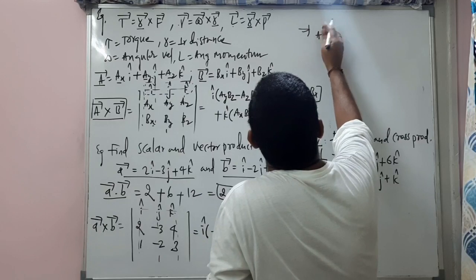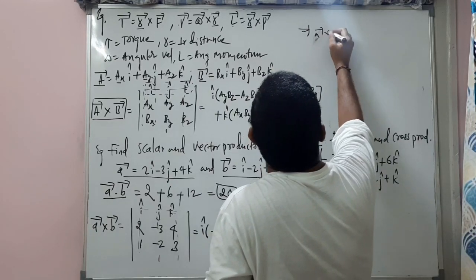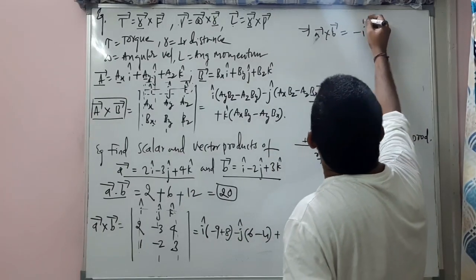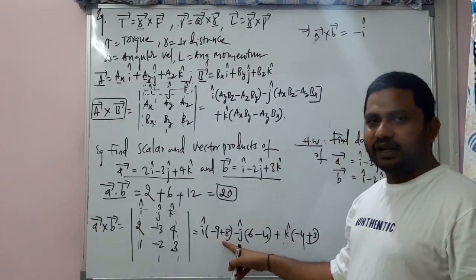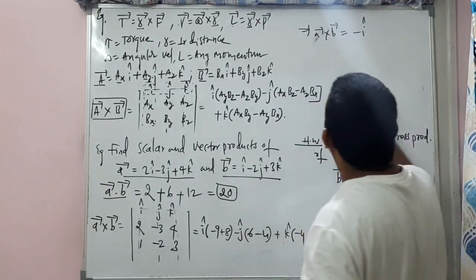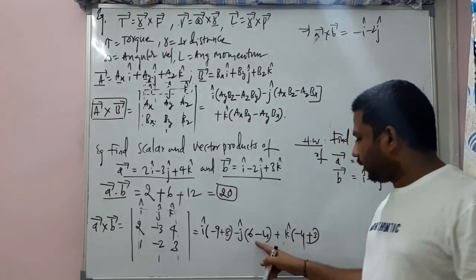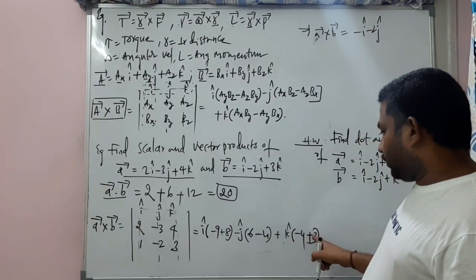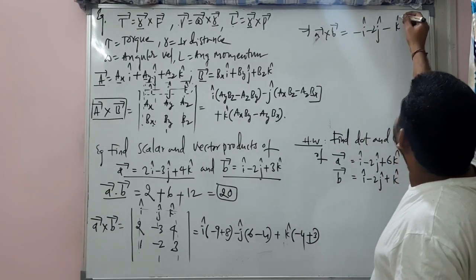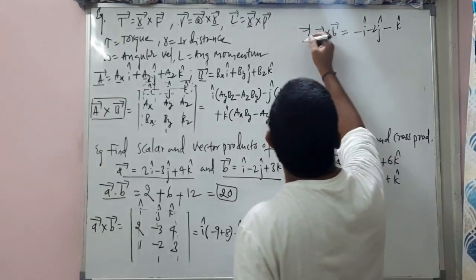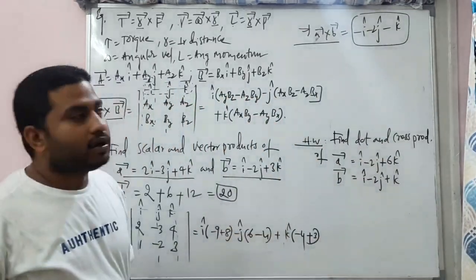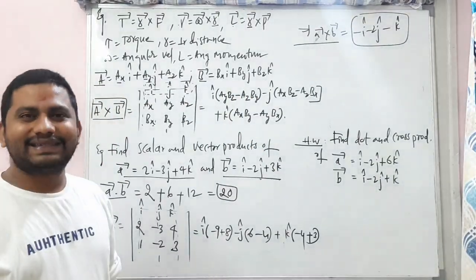A bar cross B bar is equal to minus i cap. Yes or no? Minus 9 plus 8 is minus 1. Here, 6 minus 4 is 2, so minus 2 j cap. Plus 3 minus 4, minus 1, so it's minus k cap. Simple. A bar cross B bar is minus i cap, minus 2 j cap, minus k cap.